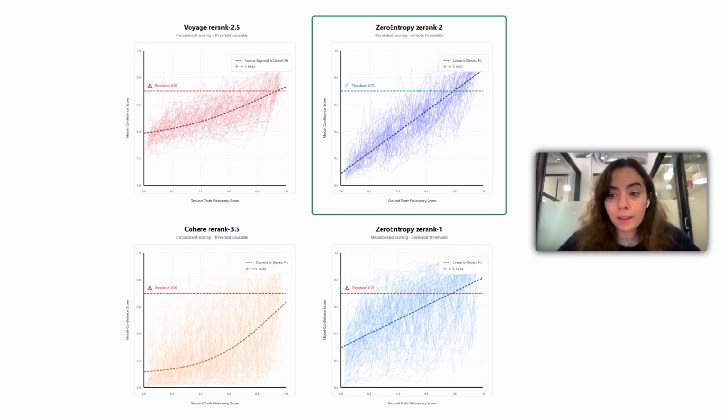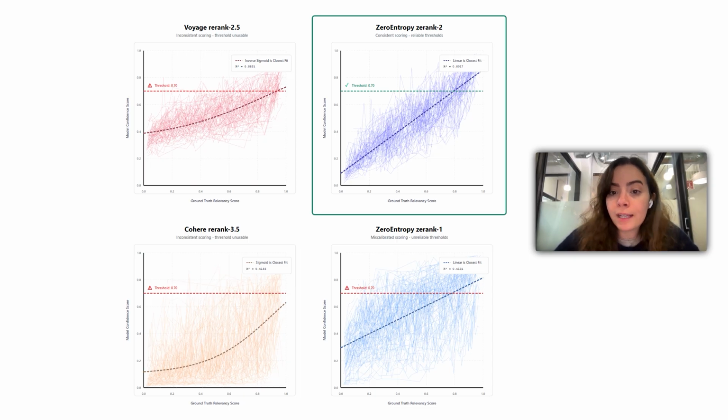The problem with most re-rankers is that the way they assign scores is not very consistent. In this graph, you can see how the ground truth relevance scores correlate to the scores that different re-rankers give to a document given a question.